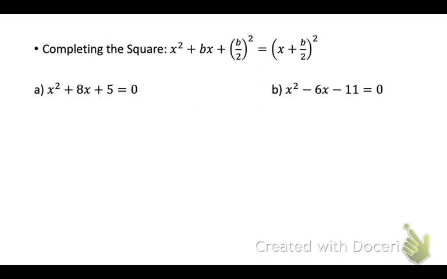Okay, so completing the square. We did this before. These are the rules for it. You take b and you make your new constant b divided by 2 squared.